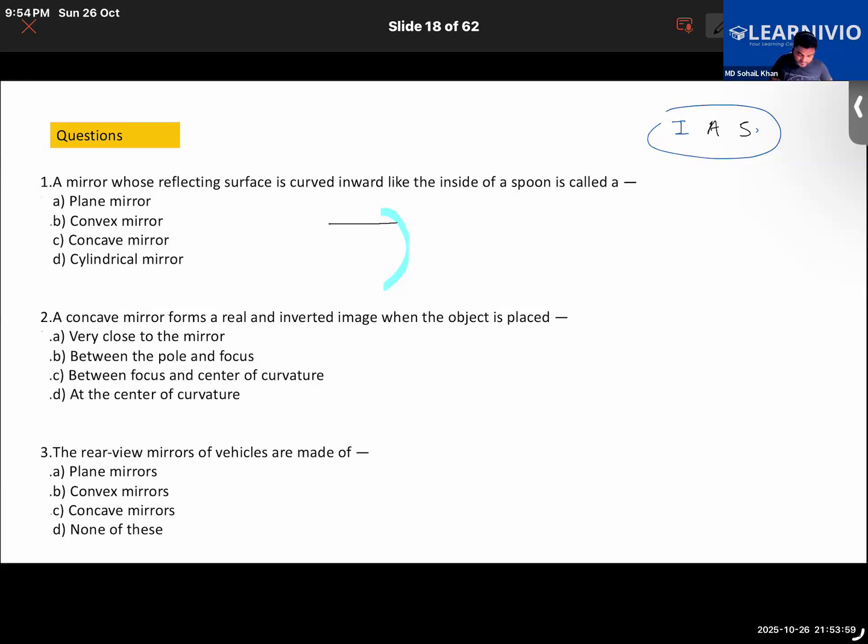So that is the case of the concave mirror, whose reflecting surface is curved inward like that. Now you guys also answer me: does a concave mirror converge the rays of light or diverge them? It converges. Exactly, the rays of light will come to meet at a point like this, right?